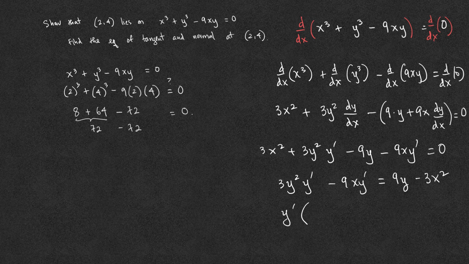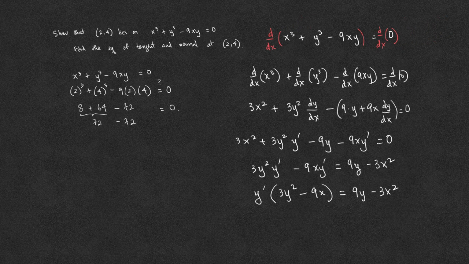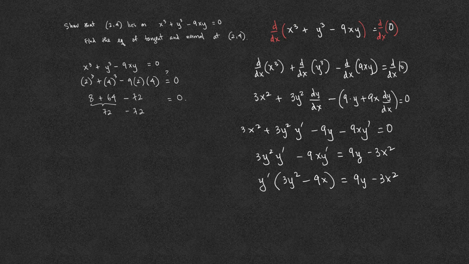The first term leaves us 3y squared, and the second term leaves us negative 9x. The right hand side is 9y minus 3x squared. Now we can isolate y prime: y prime is (9y minus 3x squared) over (3y squared minus 9x).